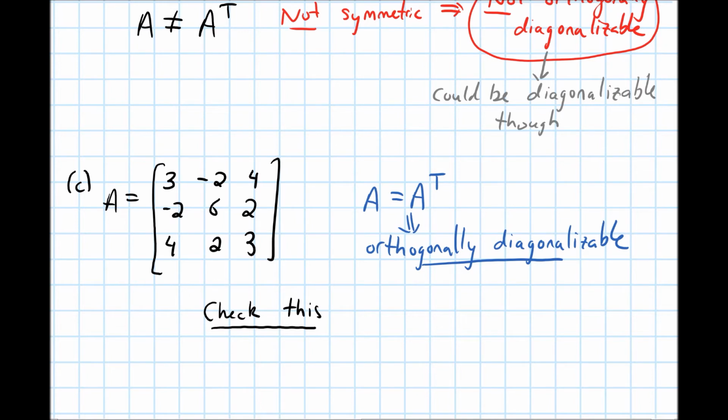So the eigenvalues of this matrix end up being negative 2 and 7. One thing to keep in mind is in this matrix, when we figure out the eigenvalues, we're going to end up needing the rational roots theorem to help us factor our third degree polynomial that we'll end up getting.